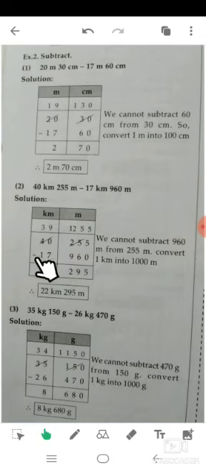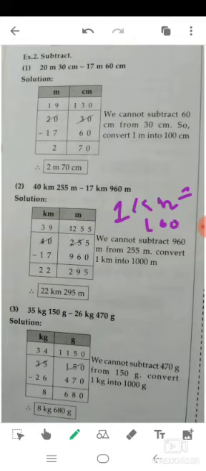So what happens? Here is the kilometer and here is the meter. Kilometer is the larger unit and meter is the smaller unit. 1 kilometer is equal to how much? Do you know? 1 kilometer is equal to 1000 meter.